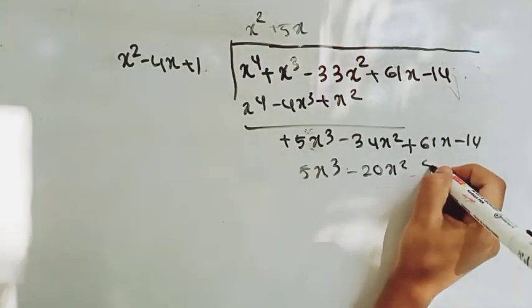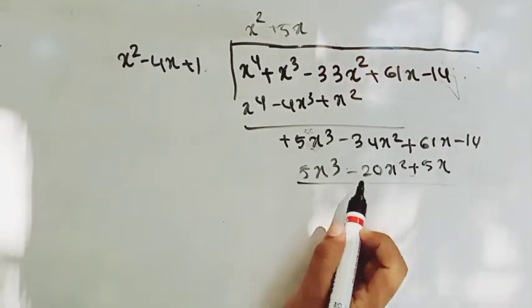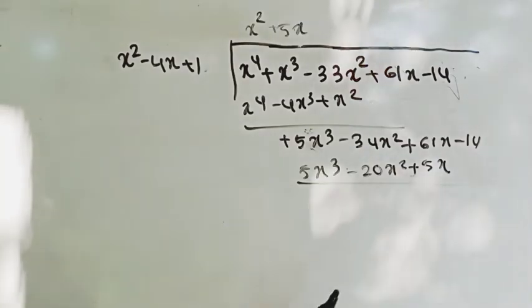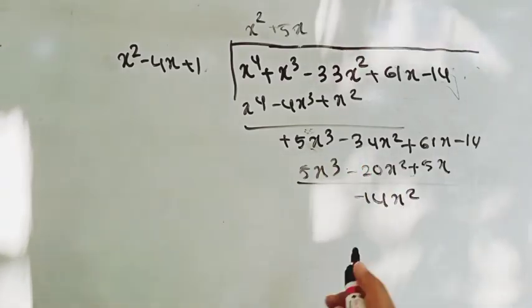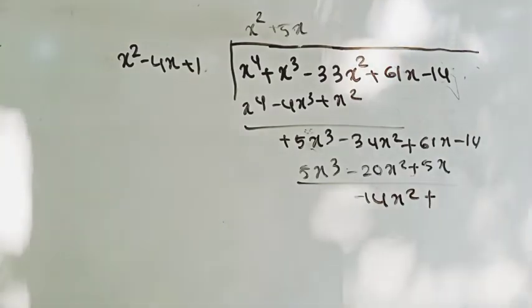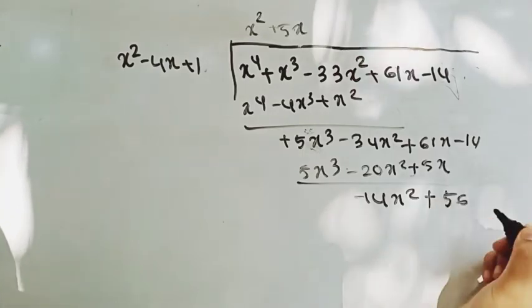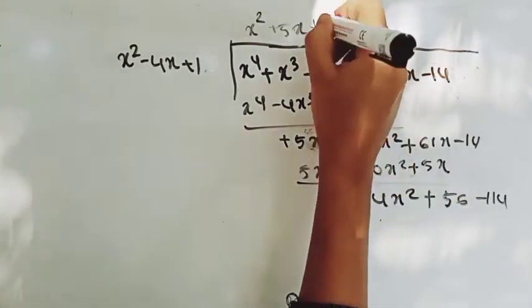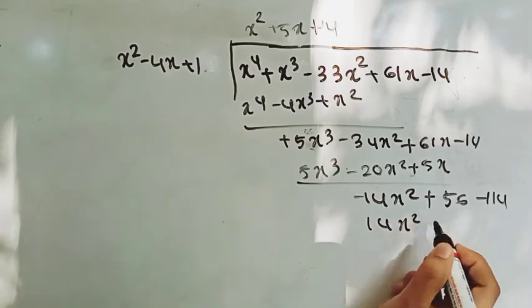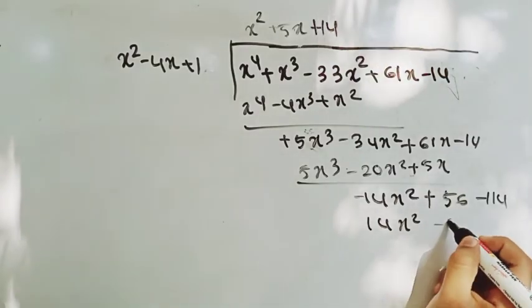Then minus 34x square minus of minus 20x square is minus 34 plus 20, which is minus 14x square, right? Then 61 minus 5 is 56, and 14 into minus 4 is minus 56.